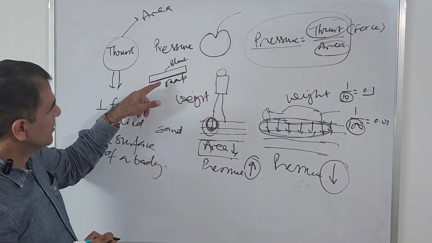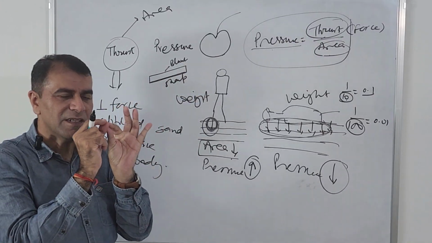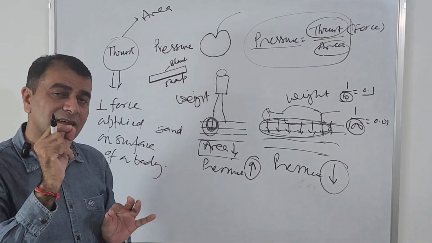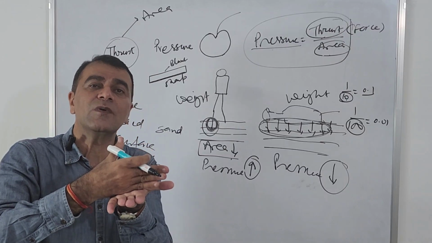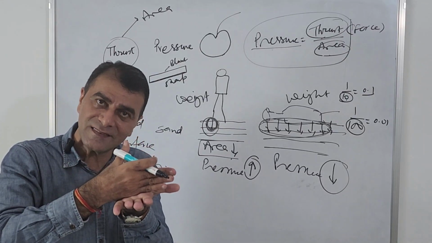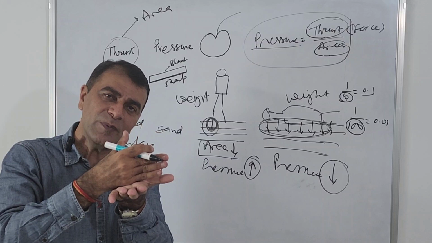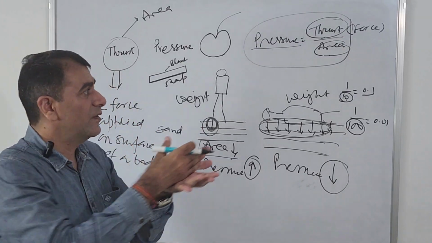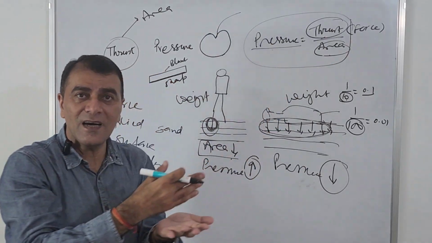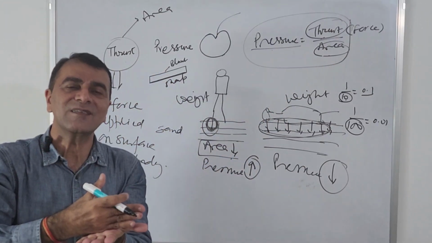Now, what is sharp? Sharp means it is thinner. When it is thinner, will the area of contact between the apple and the knife be large or less? Less, because it is thin. Area will be much smaller, and if area is much smaller, then pressure will be large. So you can cut the apple easily, right?